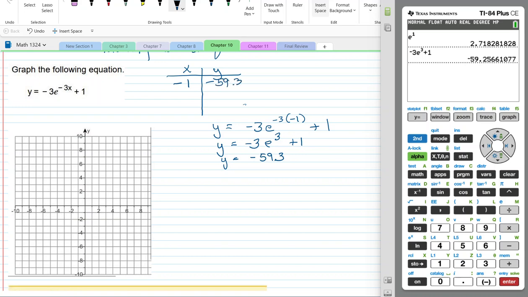So I'm going to do 0. Well, that's beautiful. Okay, so this means y equals -3e to the -3 times 0 plus 1. Well, we know anything to the 0 is 1, so I have a -3 plus 1. I get a -2, sorry about that. So I get a -2, don't I?